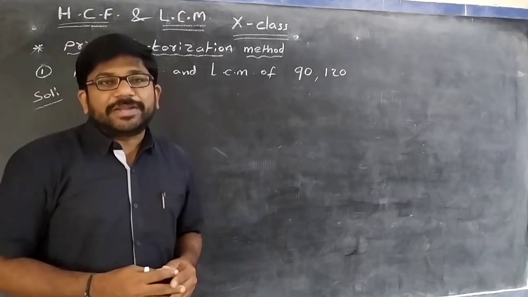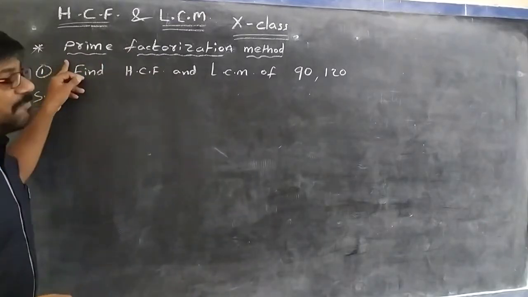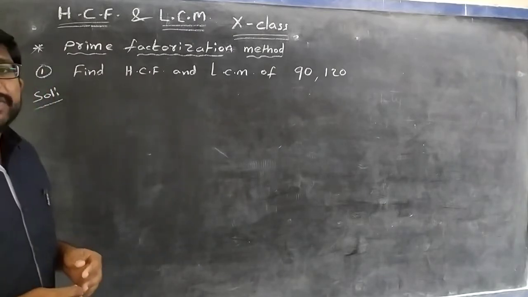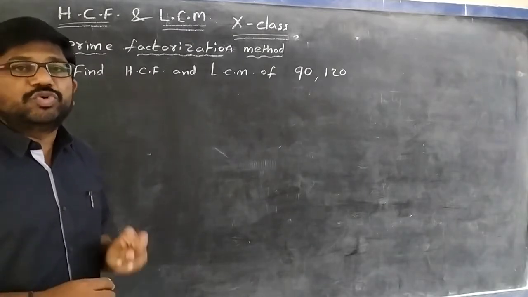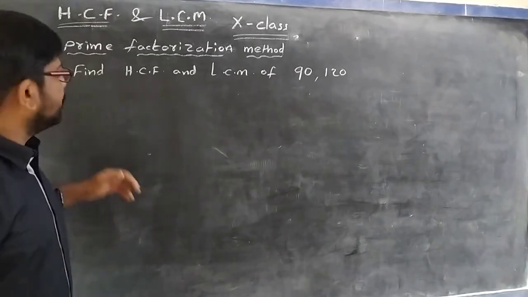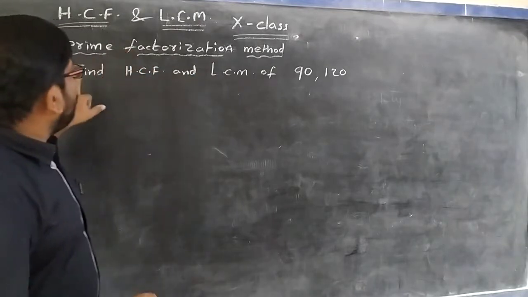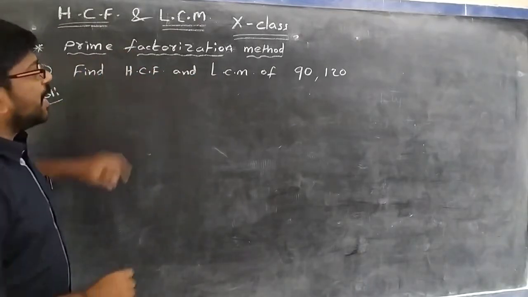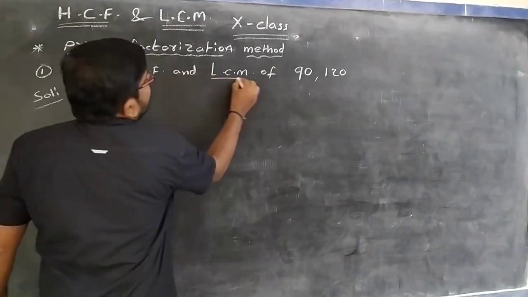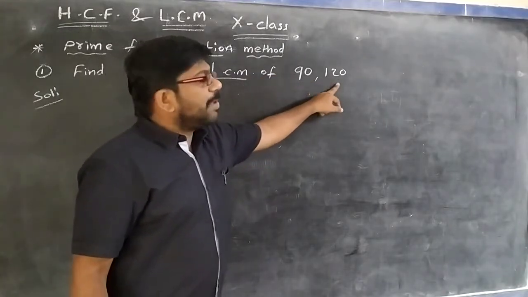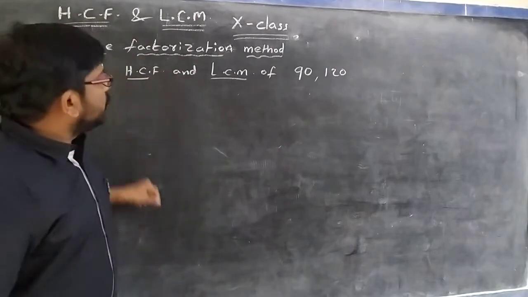First let me explain the first method, the prime factorization method. Observe carefully, this is important for 2 marks problems. Find the HCF and LCM of the given numbers 90 and 120.